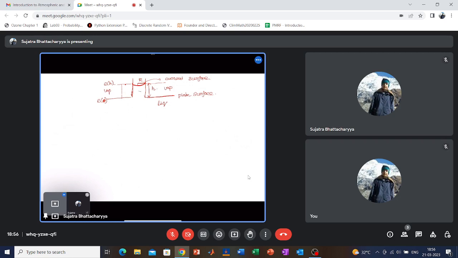Now the volume here will be pi r square h, or you can say that this is smaller, that will be easy to understand. So the volume is pi small r square h. Fine. Now the pressure here should be equal to the pressure here. We know that at a horizontal level, the pressure should be the same everywhere.